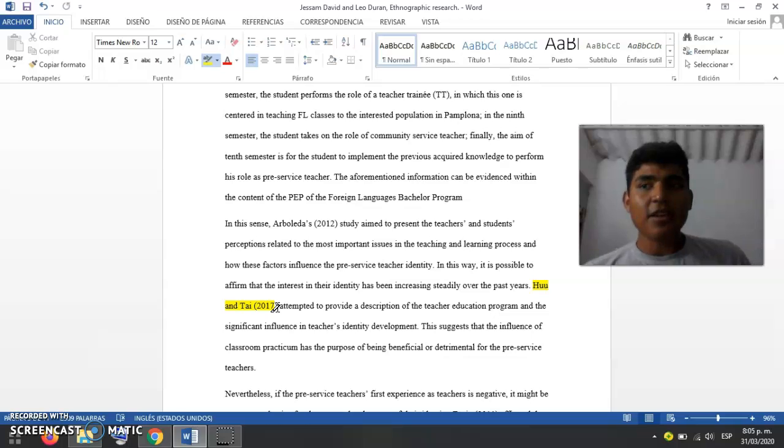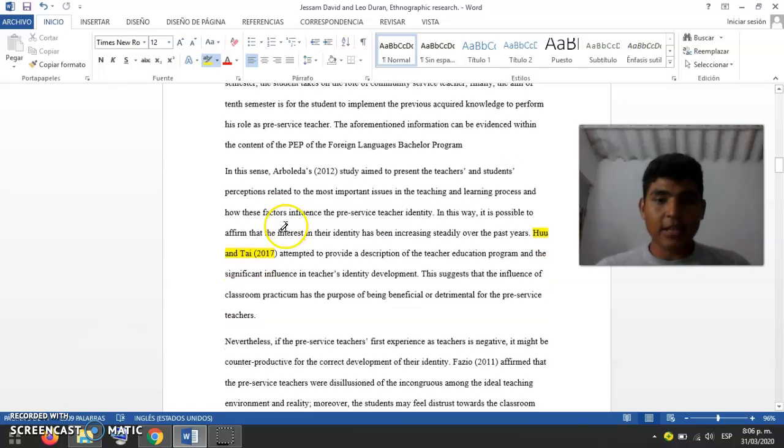Because if it is positive, this experience is going to be beneficial for this identity construction. But on the contrary, if it is negative, it's going to be detrimental for the correct development of this identity construction.